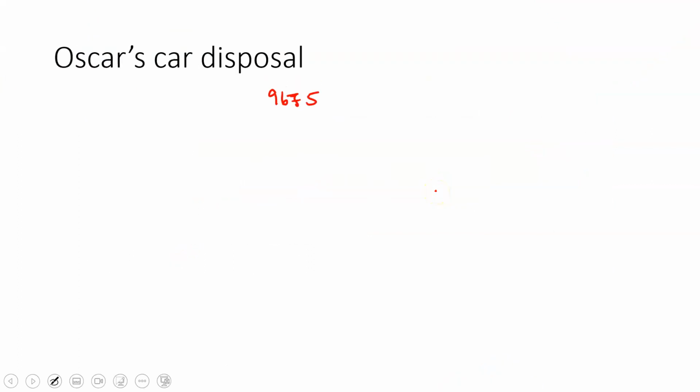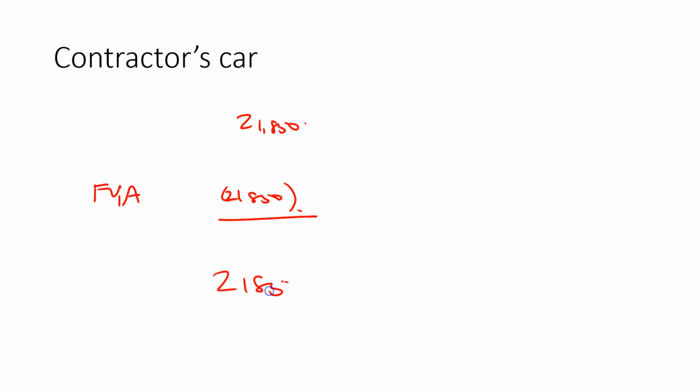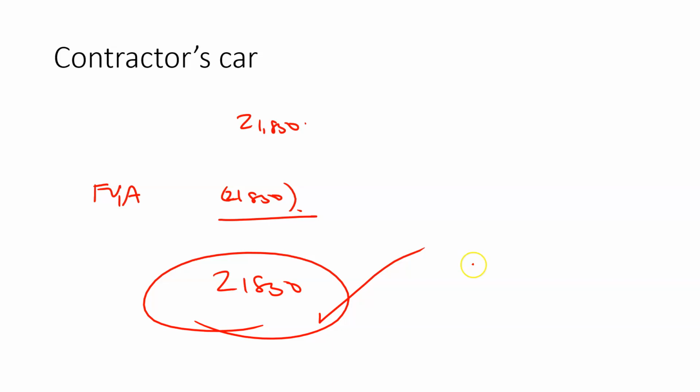So when I deal with this new car of 21,850 in the year, I will give it the full allowance of 21,850. So the full capital allowance available for this car is 21,850. Right? That's important.